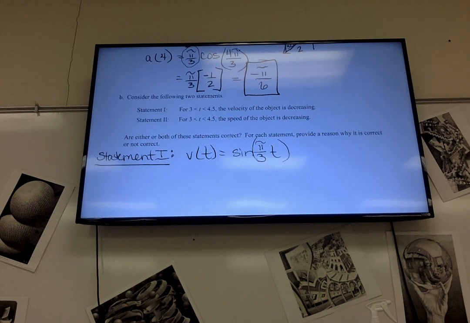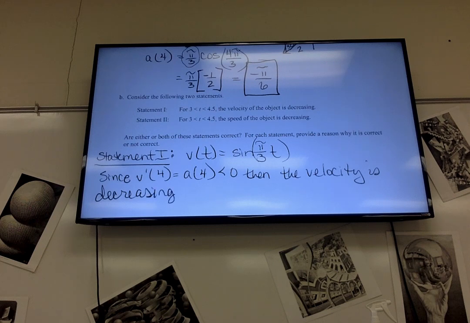So that is acceleration, which we have already found at t equals 4. So for statement 1, v prime of 4 equals the acceleration, and that is negative, so the velocity is decreasing at t equals 4, which is on that interval.